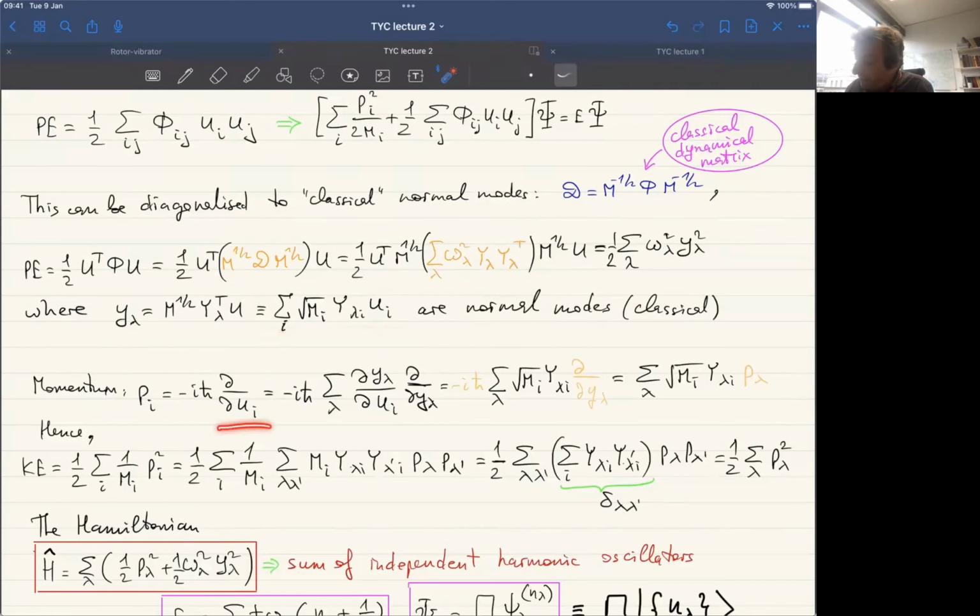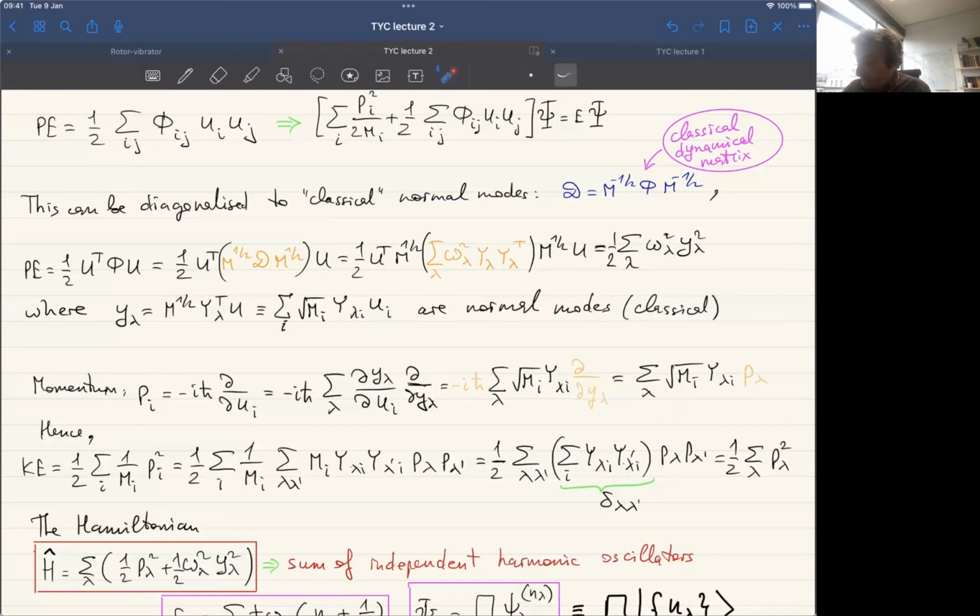So this derivative can actually be calculated using the chain rule, and we can associate the normal mode momentum with minus i h bar and that derivative with respect to the normal mode. So this would give us a relationship between the momentum operator in the usual representation and the normal mode representation.